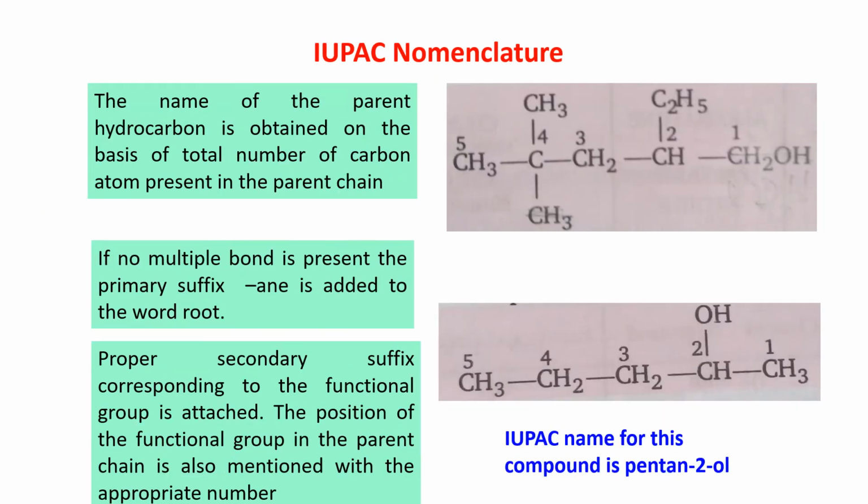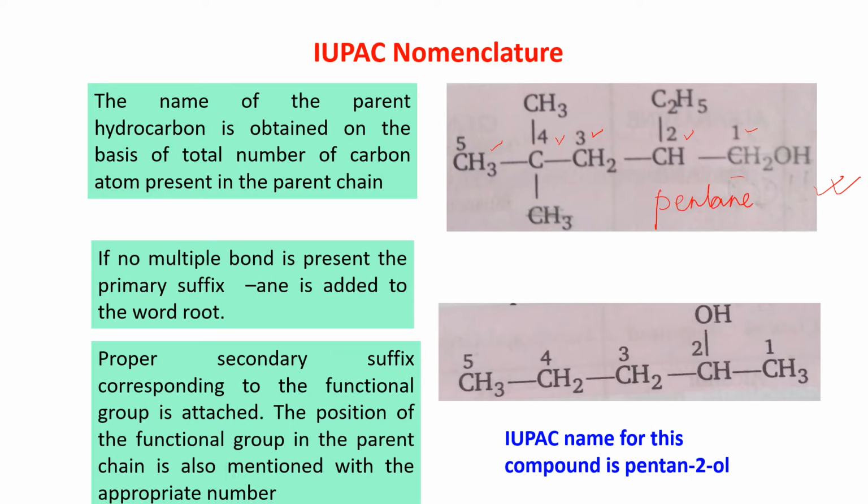The name of the parent hydrocarbon is obtained on the basis of the total number of carbon atoms present in the parent chain, that you all know. Suppose, let us take this example. This chain is containing 5 carbon atoms, 1, 2, 3, 4, 5. So the name of this chain is pentane.